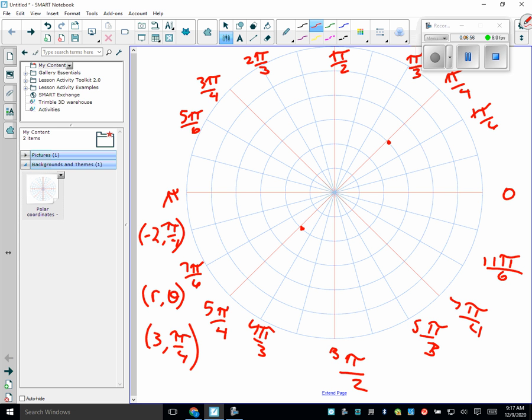Negative 7 pi over 6. Wouldn't that be plus, since it's more than 1? So it'd be 5 pi over 6. Yeah. It'd be 4, and it's on this line, and it is 1, 2, 3, 4. Does that make sense? Yes.